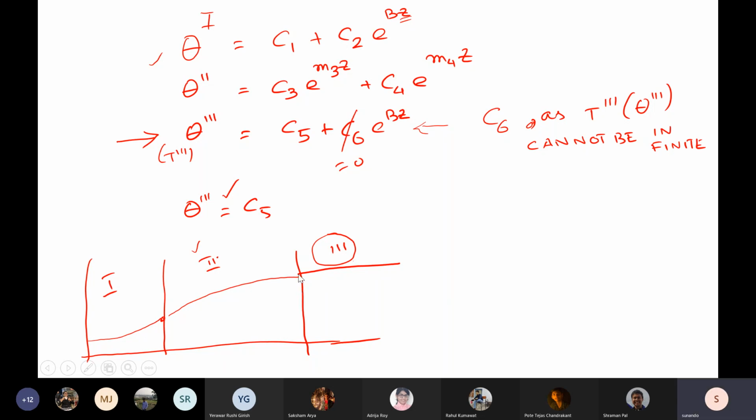But once it crosses the reaction zone, the temperature does not vary. So when you said initially that the convective heat flow is always from left to right, but the diffusive heat flow is dependent on the temperature gradient.